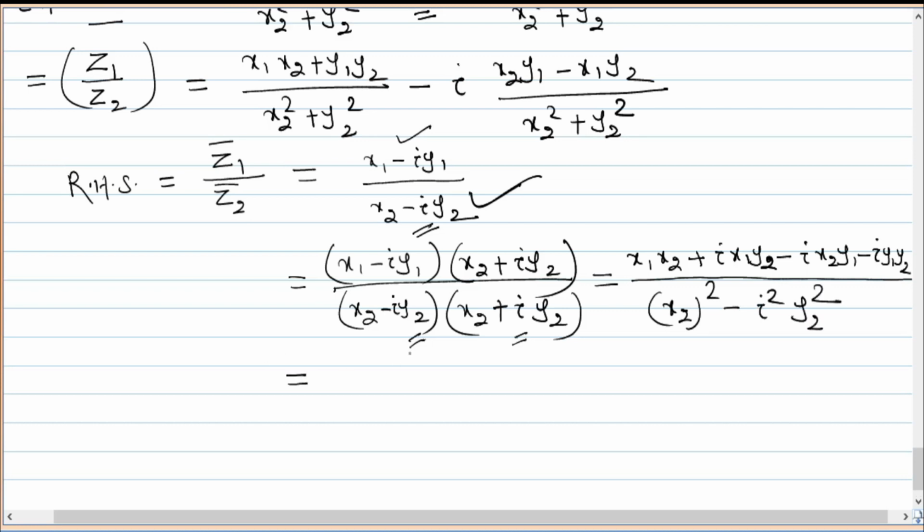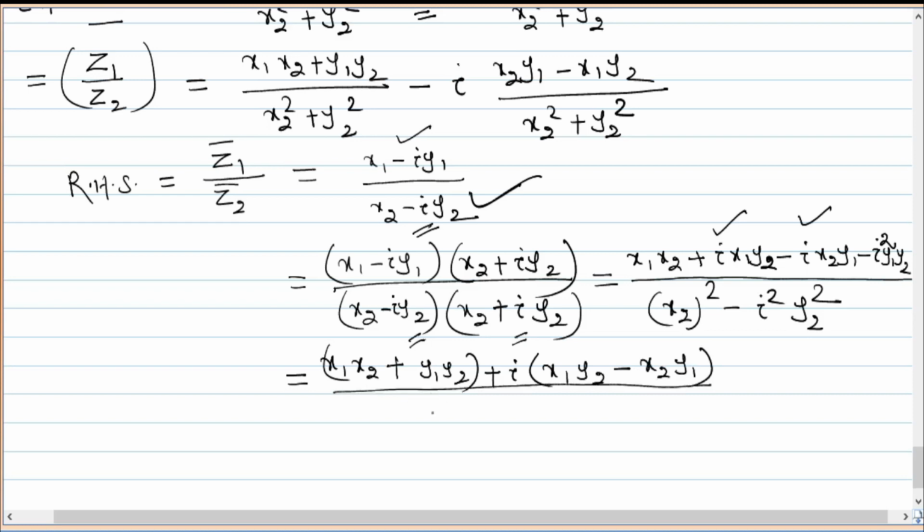Okay, so that is nothing but x1 x2 minus, since i square is minus 1, it means plus y1 y2, this is the real part, and the imaginary part, taking i as common from both, plus i whole into x1 y2 minus x2 y1, whole divided by x2 square plus y2 square, since i square is minus 1.